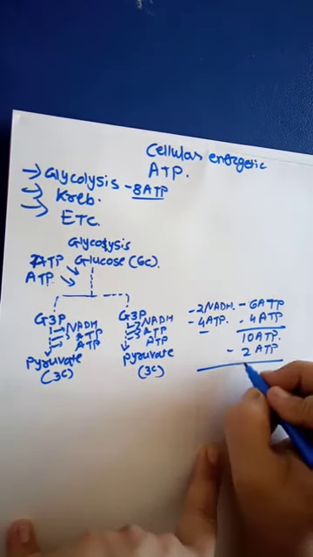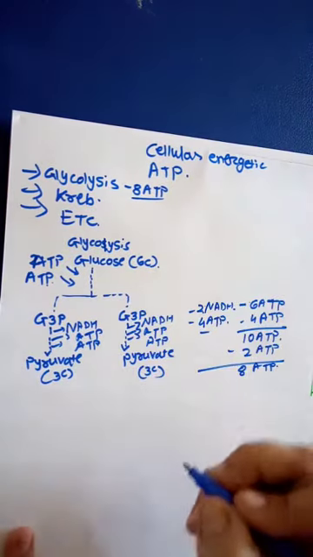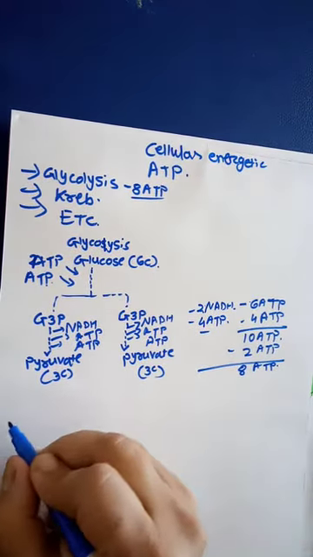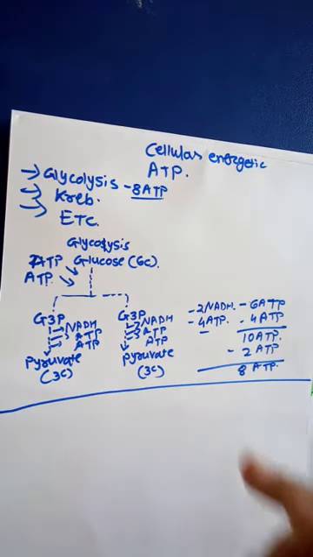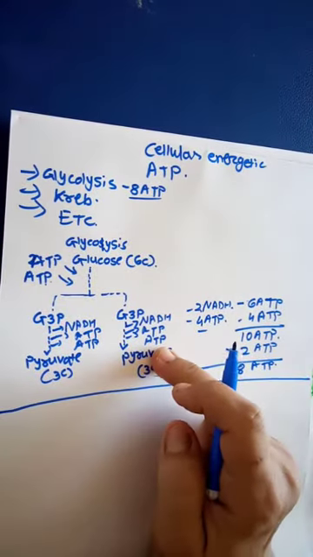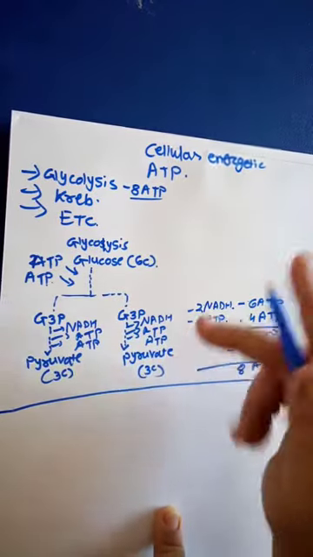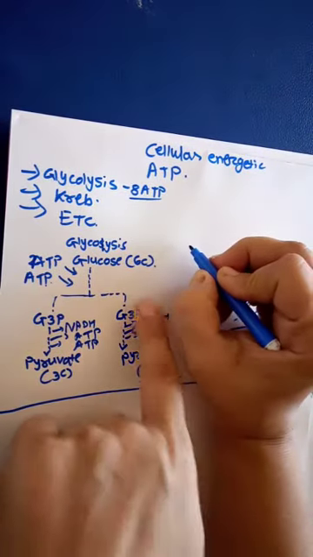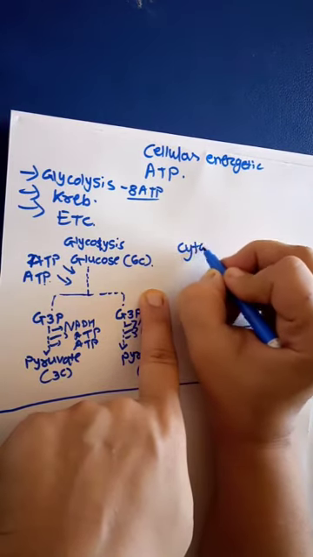So finally we get 8 ATP molecules in one cycle of glycolysis, as we saw in my previous video. Up to this step, from glucose to pyruvate, these reactions happen in the cell cytoplasm.